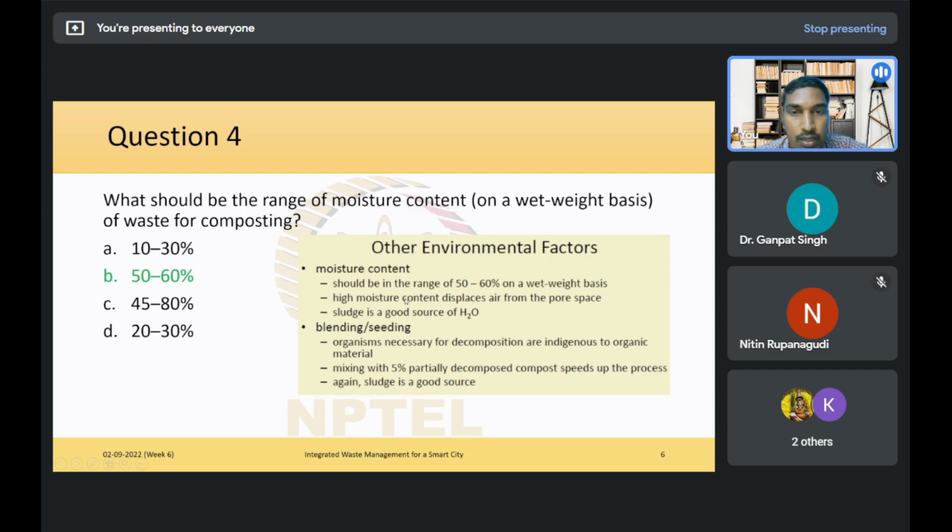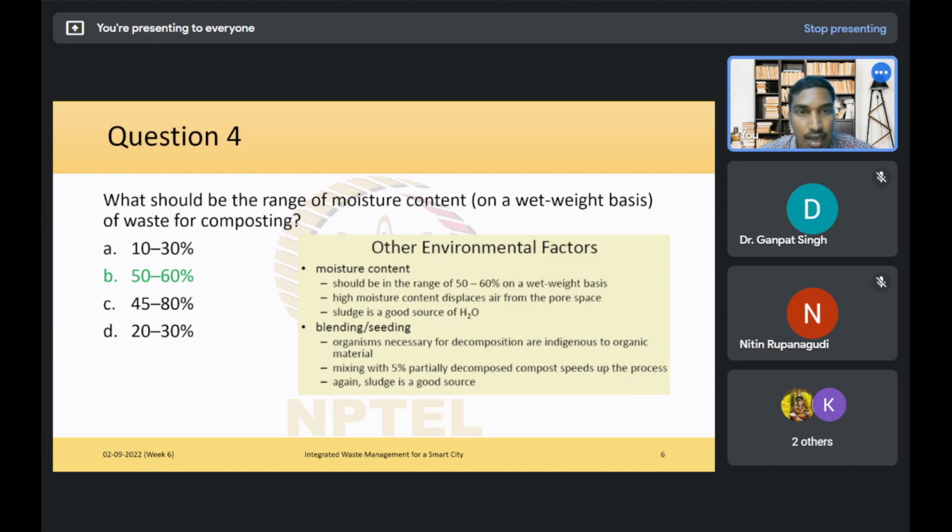But the moisture should not be too high. Why should it not be too high? Because we also need some oxygen. The oxygen comes from the air that is supplied for this composting process. So if we have too much moisture, more than this 50 to 60%, all the pores or the open spaces available within this waste will be clogged by the water.